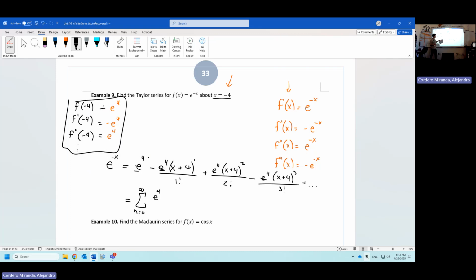Do you guys remember how to make it alternating? You could do -1 to the n power. That will make it alternate: positive, negative, positive, negative. Then they all have an x plus 4 to the nth power over n factorial. So that should be your answer.